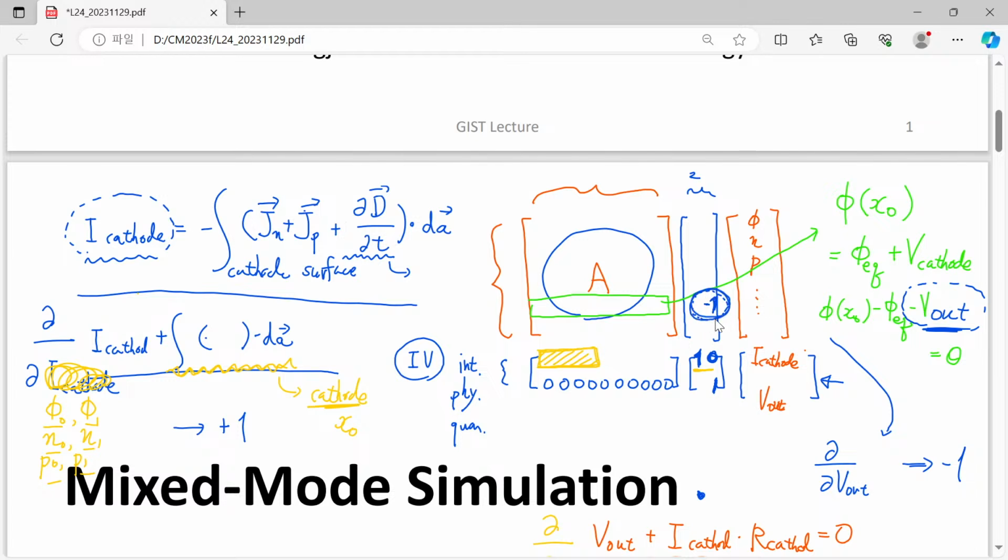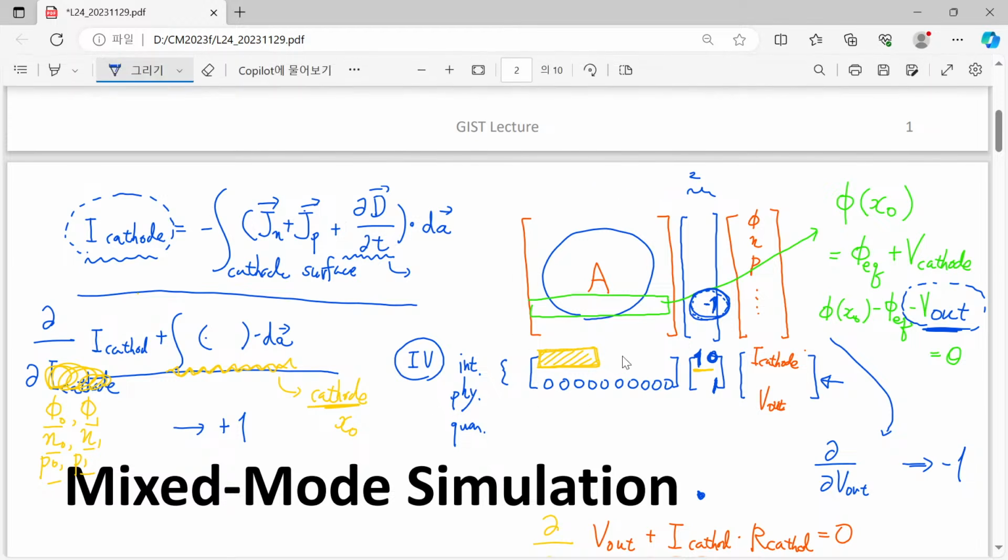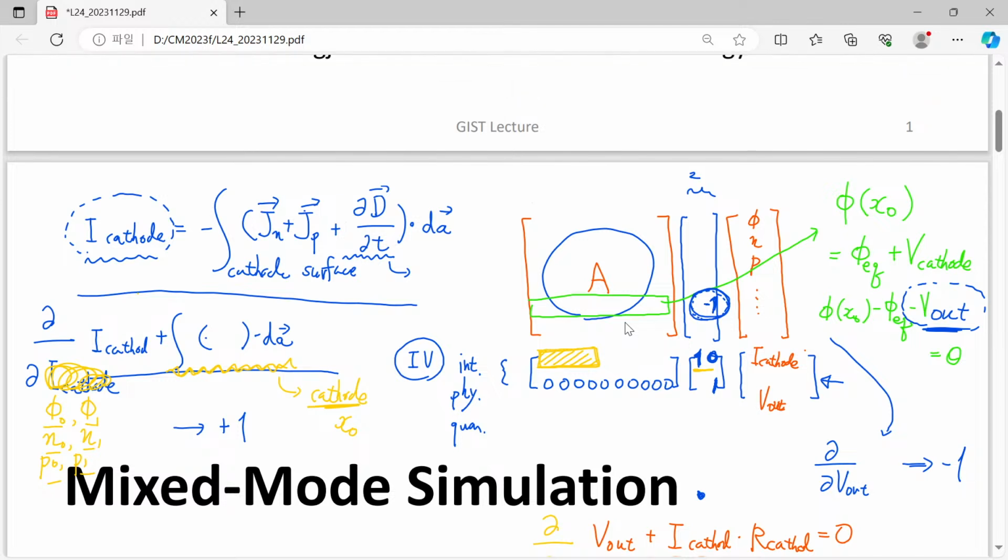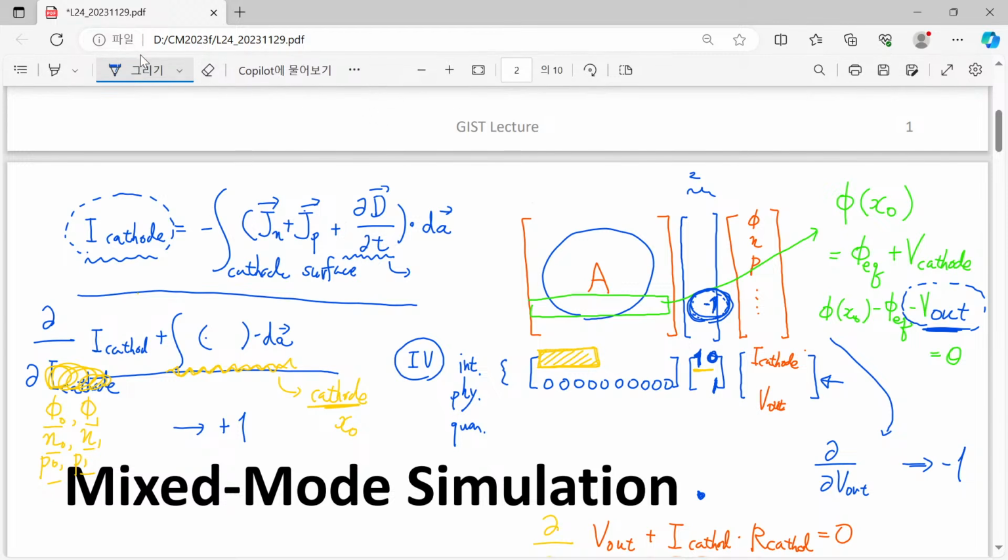It is easy to forget this one, because you say okay, these lines are already good enough, so usually you don't care about this part. But please note that in order to make the fully coupled system between our internal quantities and IV characteristics, you must consider this kind of reaction. Okay, so in some sense, we can visualize it in that way.